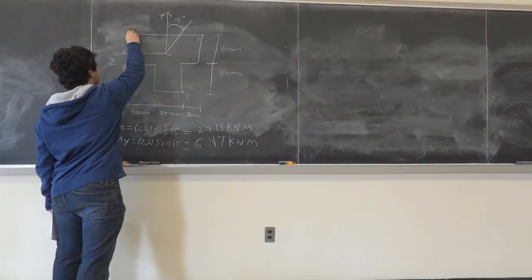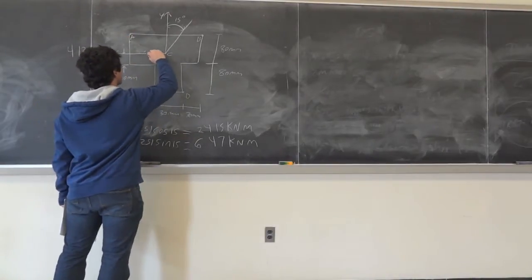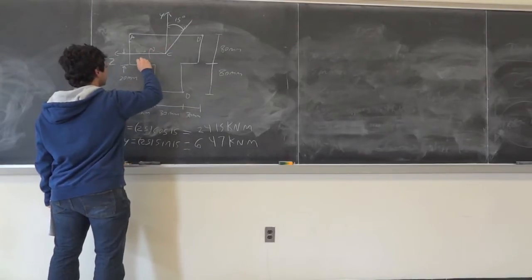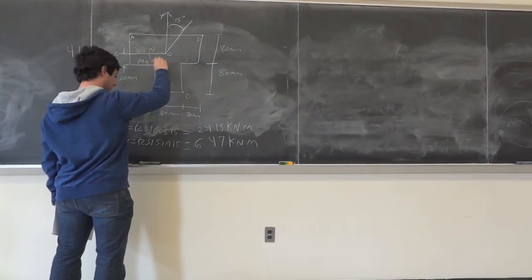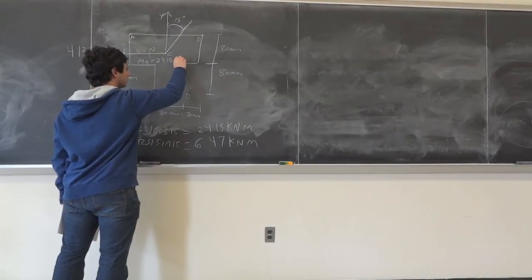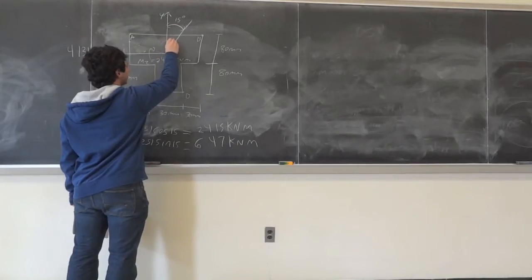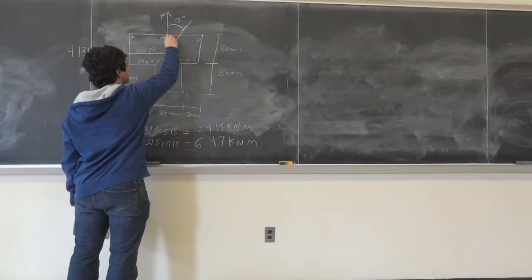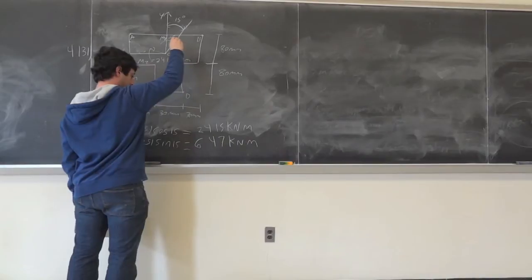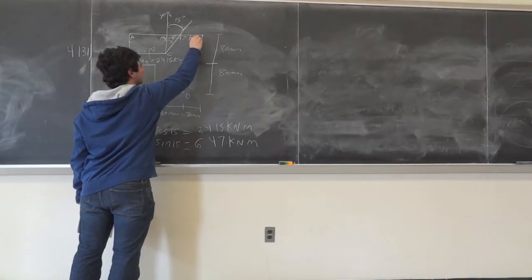They're asking in this problem to find the stress at A, B, and D. So you have the moment around the z-axis is this way. So Mz is equal to 24.15 kilonewtons times a meter. And then you have My, which is this way. So My is equal to 6.47 kilonewtons times a meter.